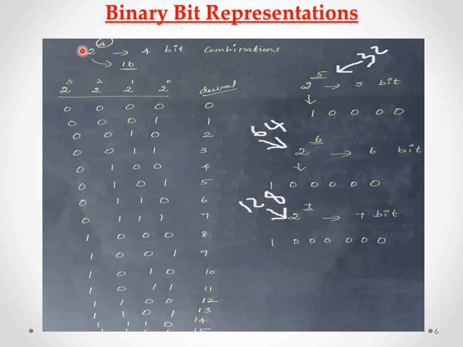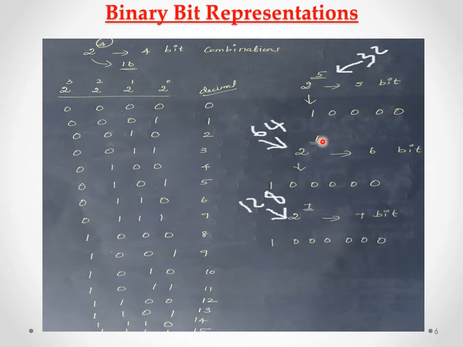For 4-bit representations, 2 power 4 is equal to 16. So with 4 binary bits, we can make a total of 16 possible combinations. That is 0 to 15. Total numbers are 16. In a similar way, for 5 binary bits, we can make a total of 32 combinations.